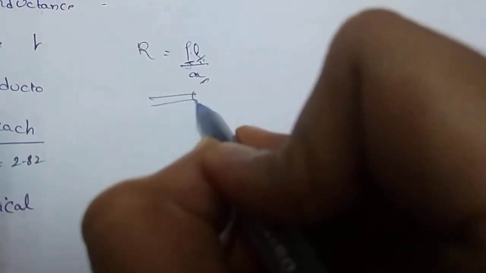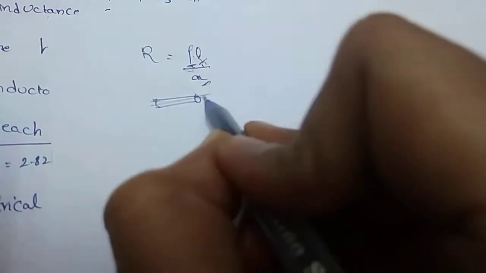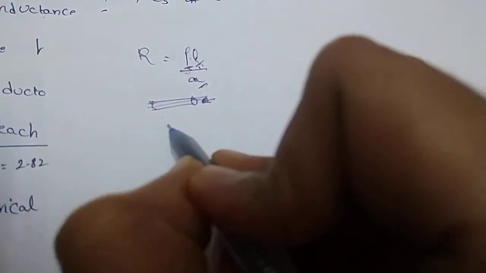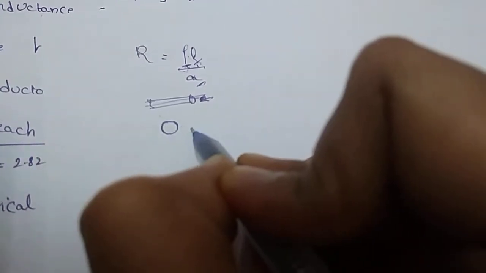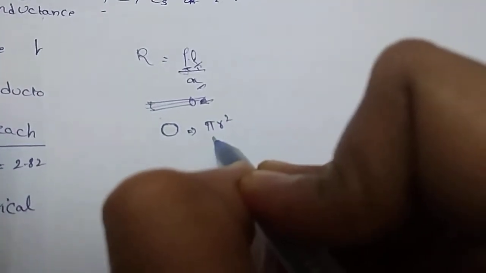Even though the transmission line looks like a long wire, when you go with the front view, the cross sectional view, it is a circle. That's why we consider it as pi r square.